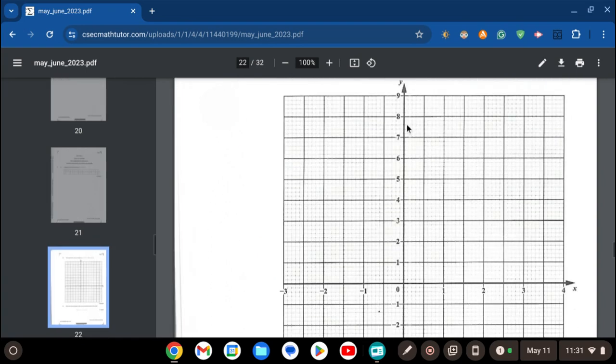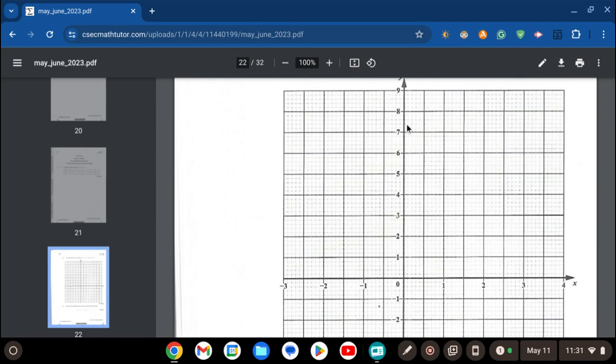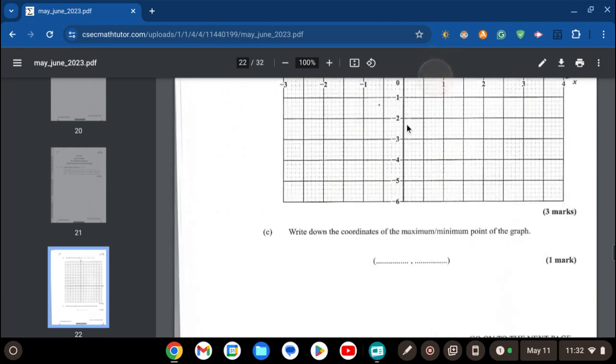And then you're going to plot your points on the graph, and after you plot the points, you're going to sketch it by hand. To draw a parabola, you do not use a ruler, you just draw by hand. So basically that's it. You most likely get a quadratic function for question 8.